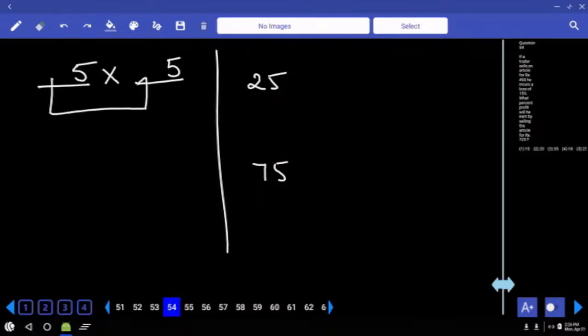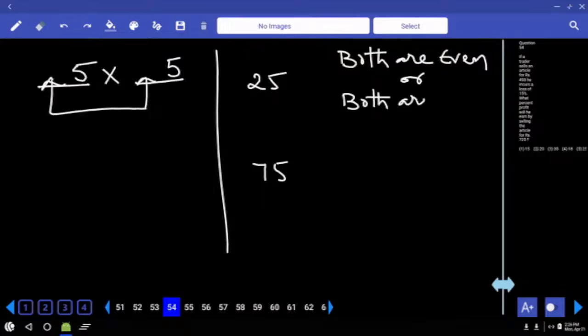Look at the preceded numbers, the numbers before the 5. If both are even, you will get a number that ends with 25. Or if both the numbers are odd, your product ends with 25.